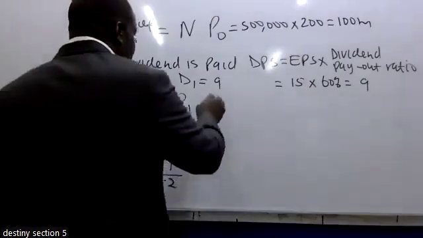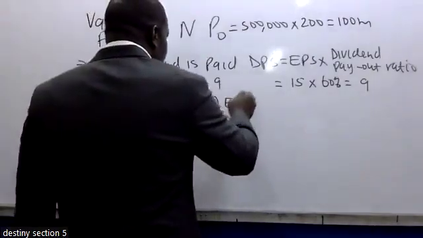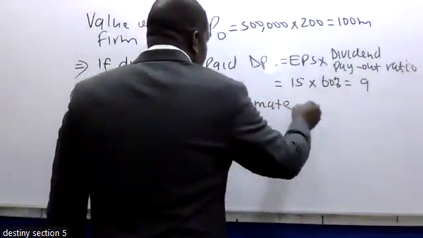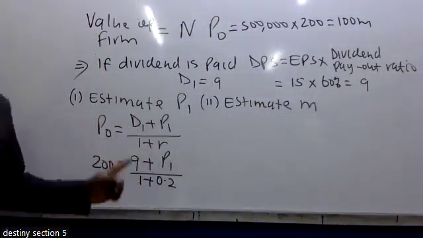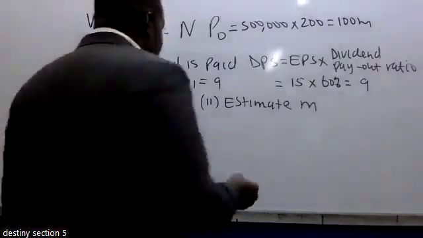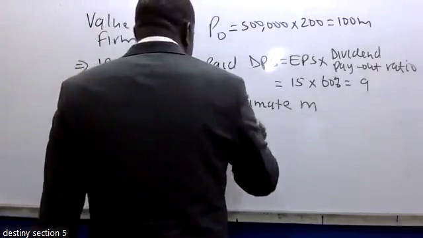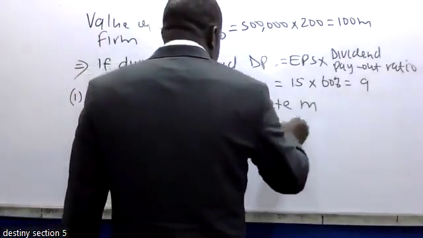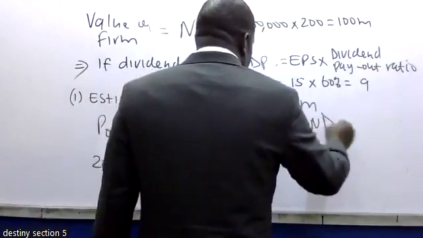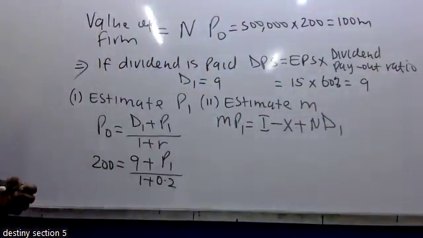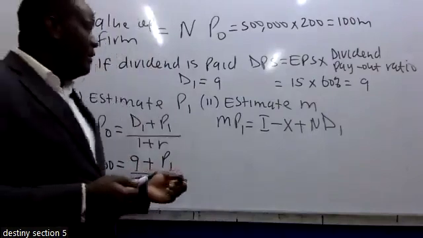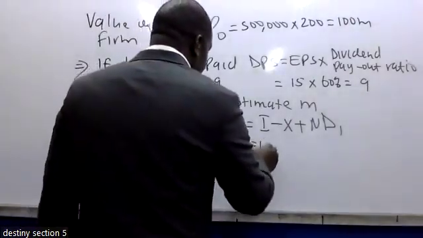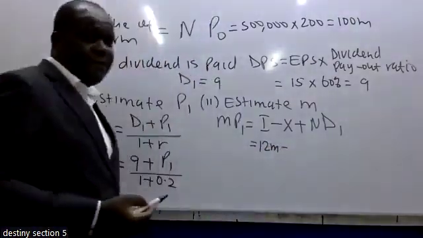We got step number 2. Step 2, we said we estimate M. To get the value for M, we say that M P1 should be equal to I minus X, then plus N D1. So I, we already know, was it 12 million?